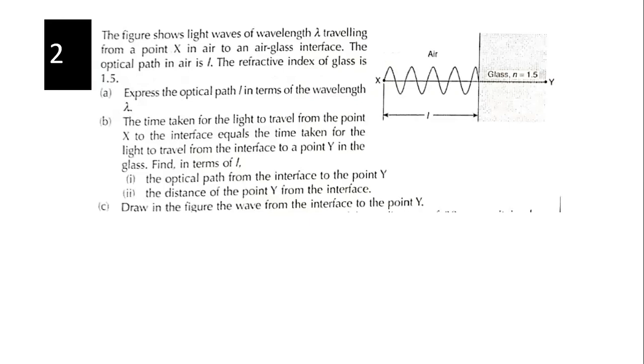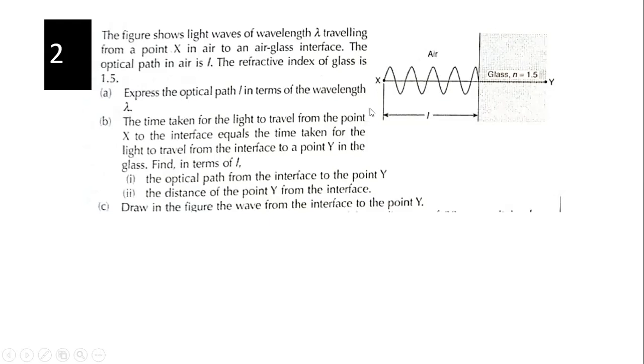Okay. How about this one? Express the optical path in terms of wavelength. The figure shows a light wave of wavelength lambda traveling from point X, that's your point X, in air to the air-glass interface, that's your air-glass interface.